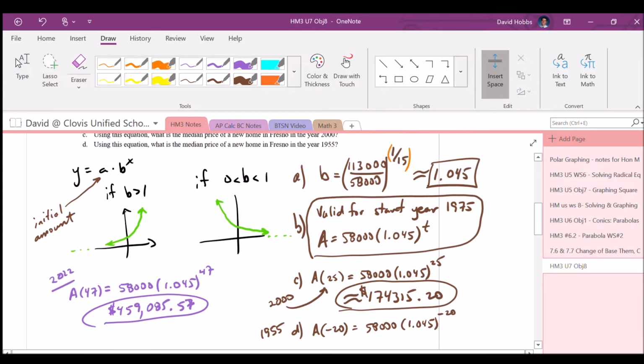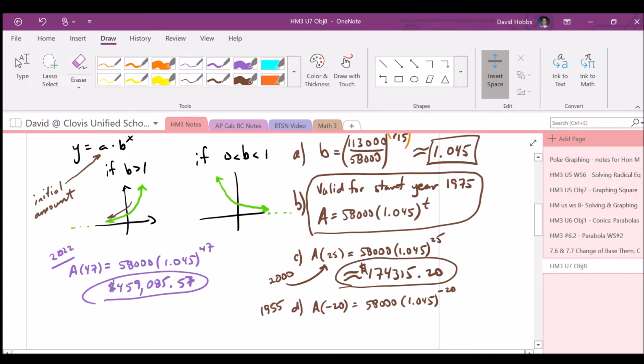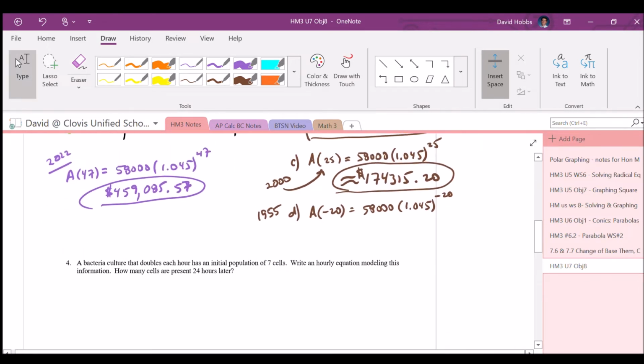If you think about the growth functions, as you go back in time, as we go to the left, the function is getting smaller. And so that's what should be happening with this one. Okay, let's go ahead and try it.